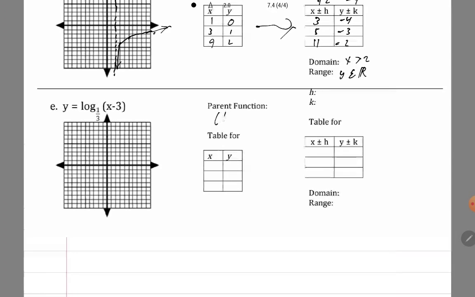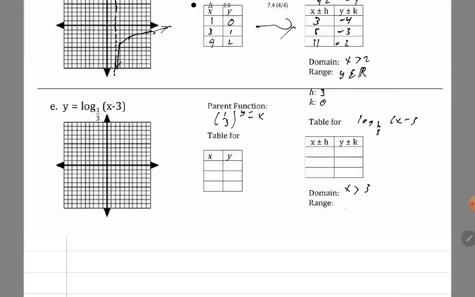Okay, this is the base function 1/3 to the y equals x. And this is our log base 1/3 of x minus 3. So k is 0. And we have a +3, so x is greater than 3.